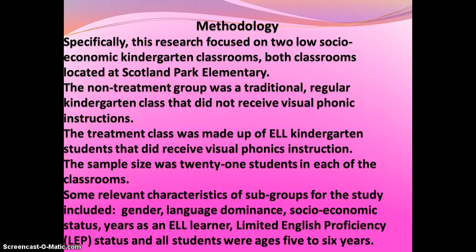The sample size was 21 students in each of the classrooms. Some relevant characteristics of subgroups for the study included gender, language dominance, socioeconomic status, the years as an ELL learner, limited English proficiency status, and all students were ages 5 to 6.